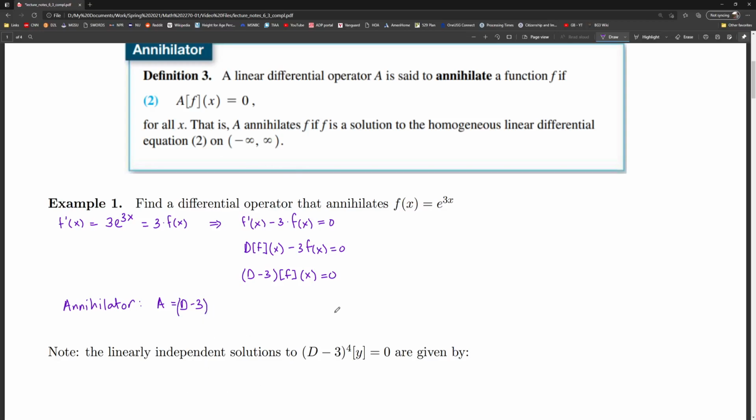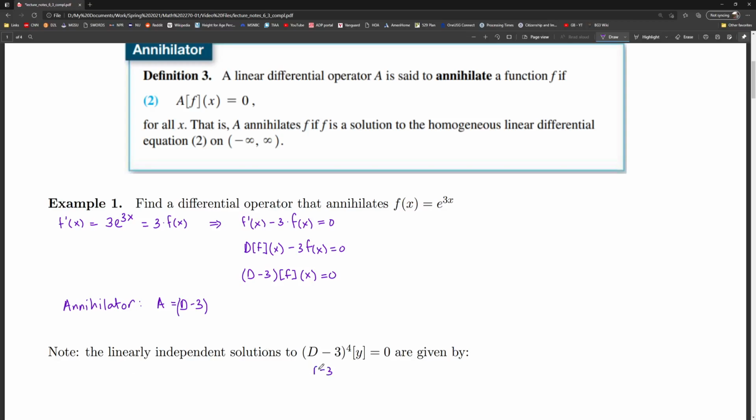Now, note that in the previous section, we saw that the linearly independent solutions to D minus 3 to the power 4 acting on y equals 0 are given by, remember what we needed to do there?